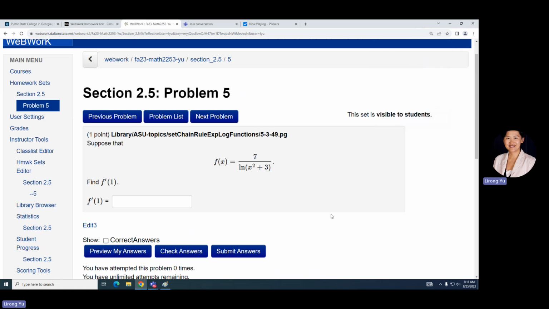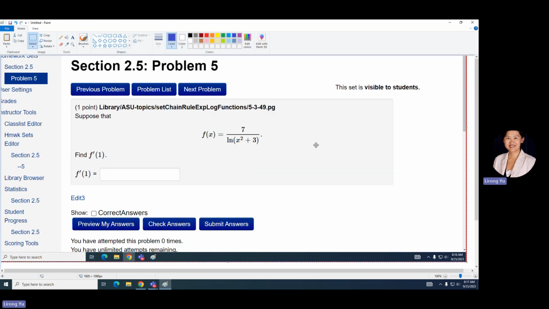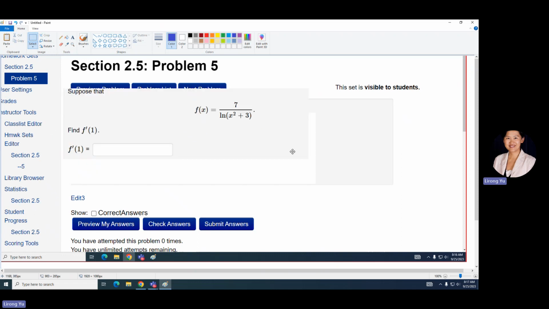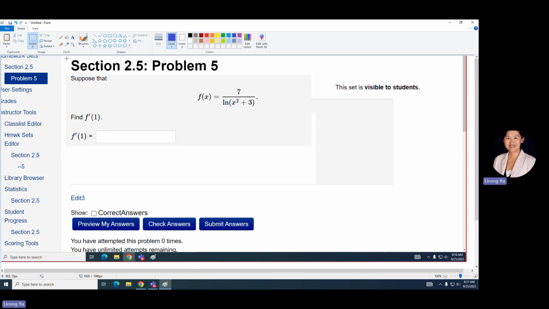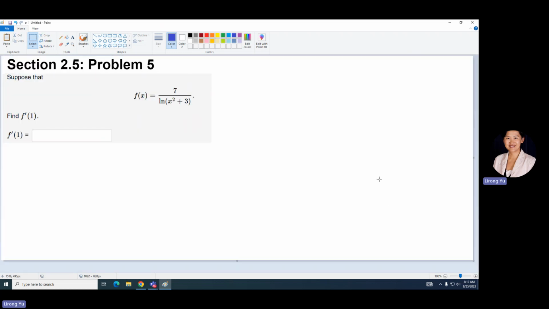All right, so let's see, this question is a serial application. 2.5, so number one thing is the division, right?